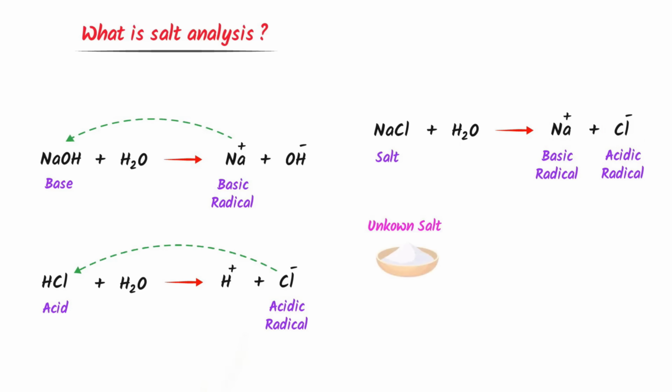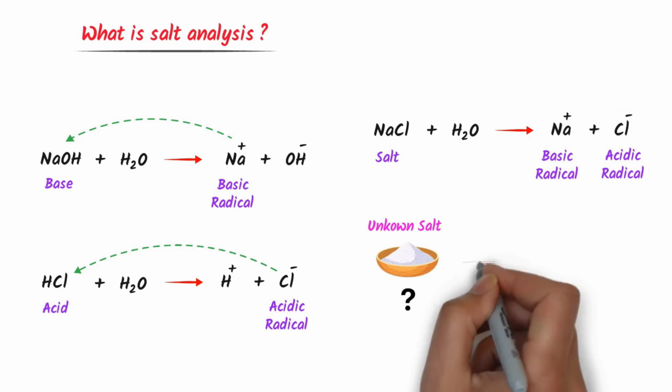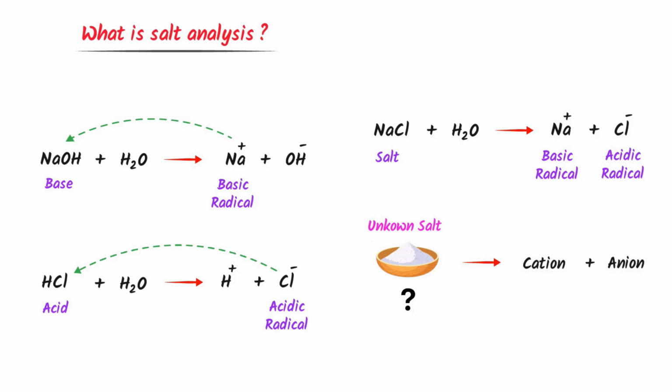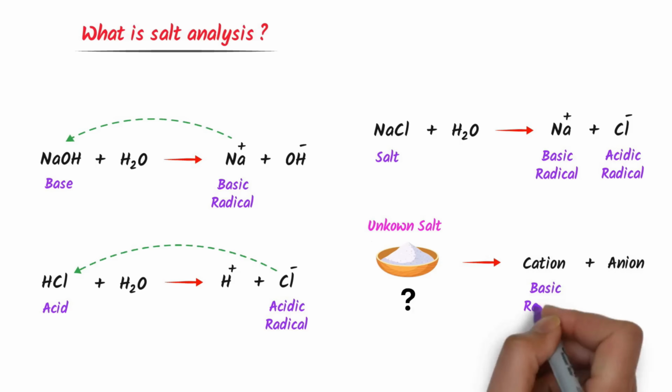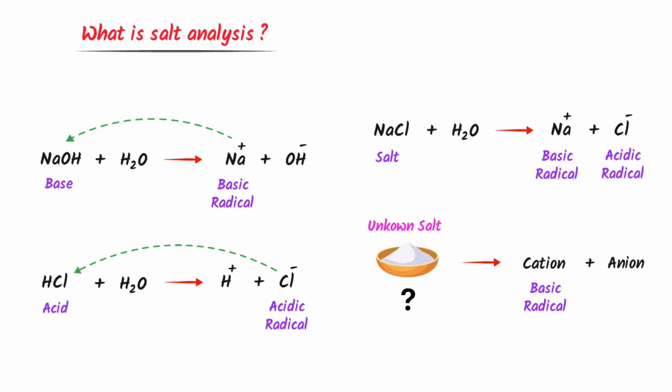Now let me give you an unknown salt and ask you to identify its cation and anion. What will you do? Well, you will simply identify its basic radical, which is a cation, and you will identify its acidic radical, which is an anion.